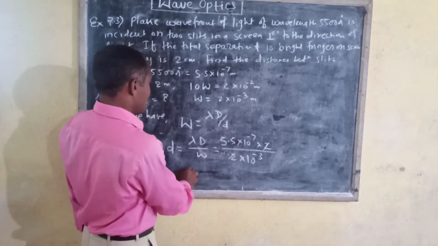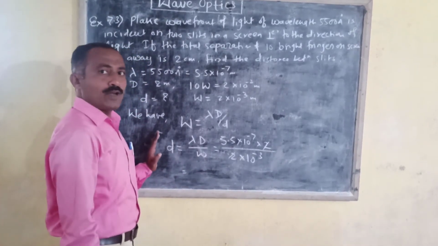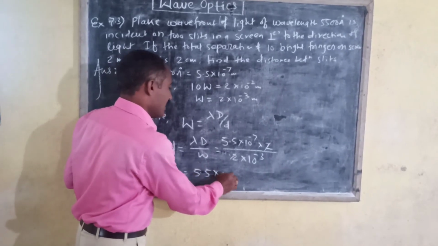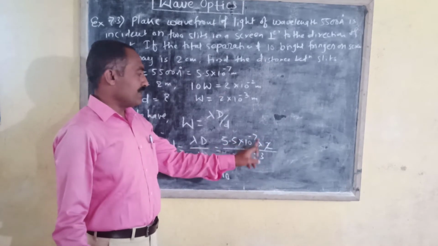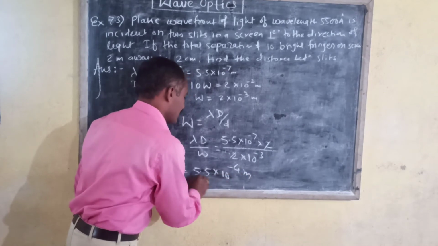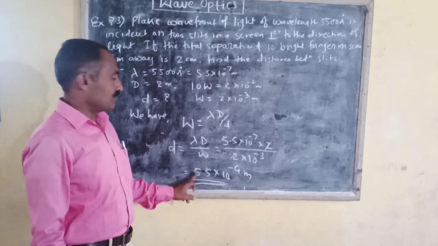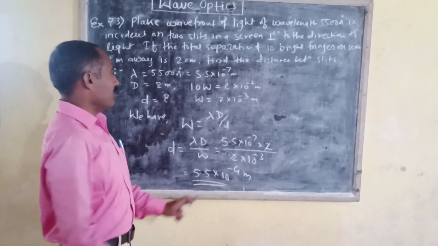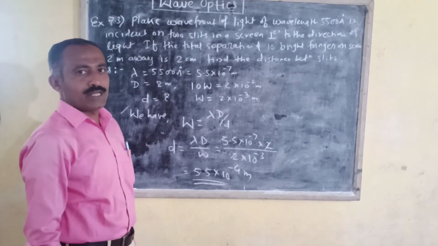We get the answer, the small d, that is the slit separation, is equal to 5.5 into 10 to the power minus 3. Taking it to the numerator it becomes plus 3, 7 minus 3 gives minus 4, so 5.5 into 10 to the power minus 4 meter. That means 0.55 millimeter, and this is the first example in this wave optics.